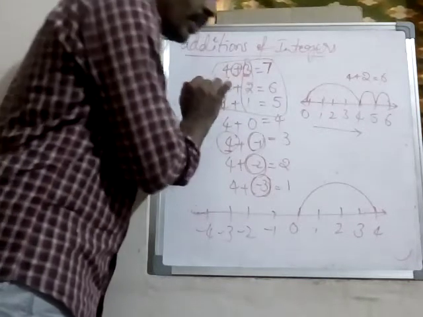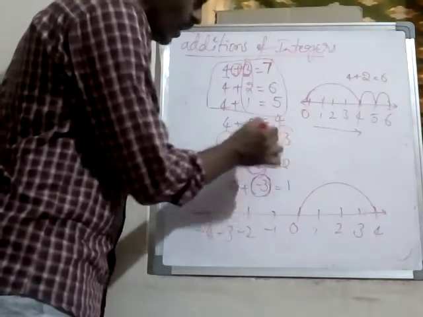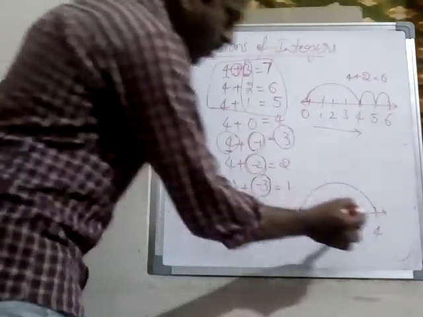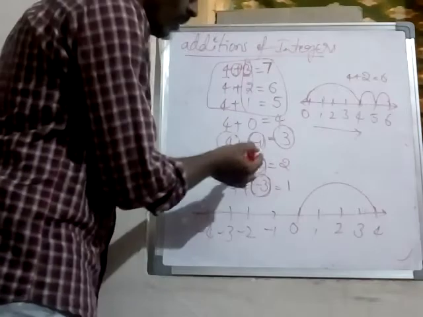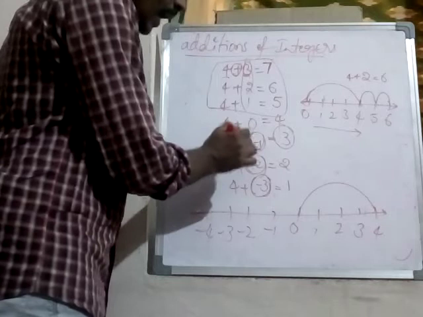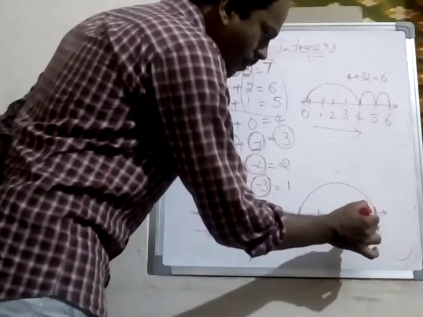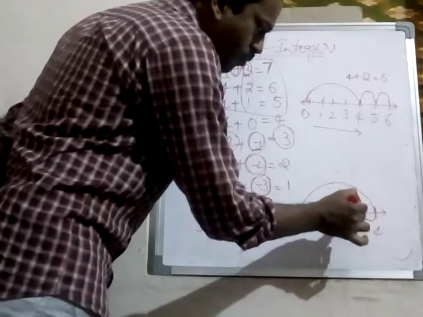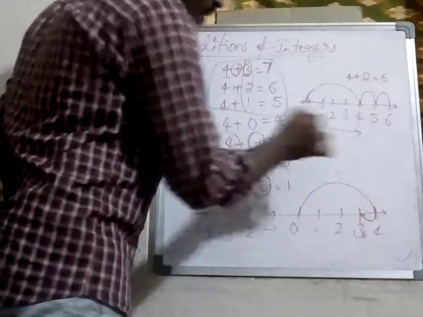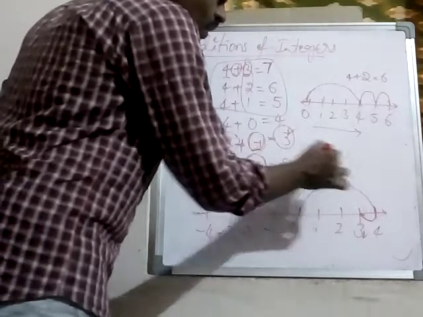If you add a positive integer, move right side. If you add a negative integer, so your result is 3. How do we get 3? Compulsorily we have to move left side. Left side, how many units? 1 unit. Here 1 unit means add a negative integer. Compulsorily we have to move left side. To get 3 we have to move left side only. If you move left side, then we get the result 3. So that's why add a negative integer, move left side.